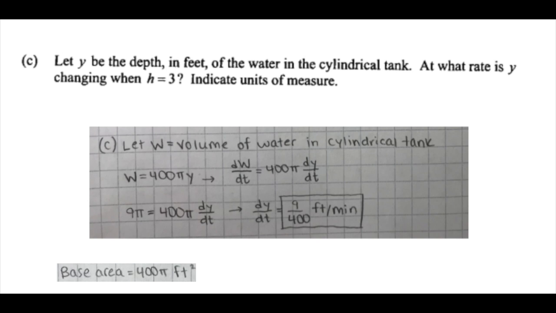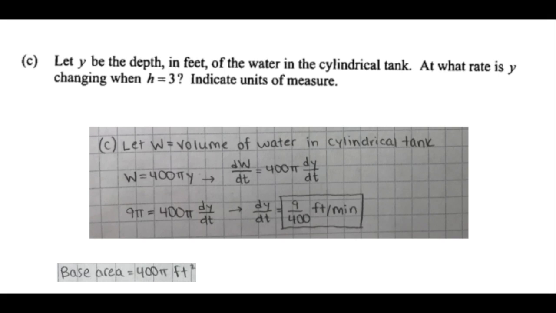So for the final portion, we move on from just the cone to also the cylindrical tank beneath it, and we're looking at the depth of water in the tank as the water from the cone is dripping into it.